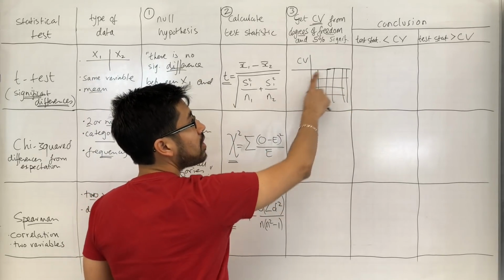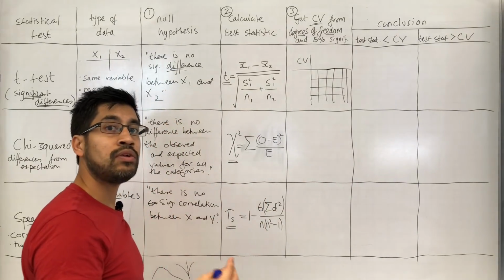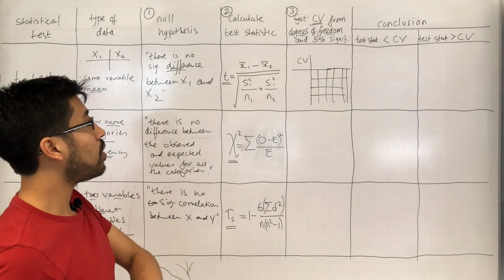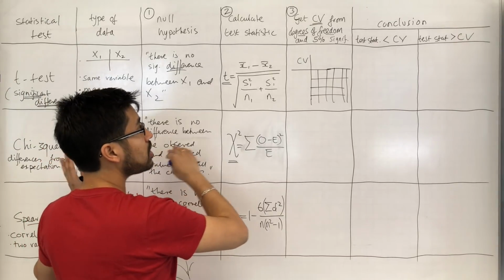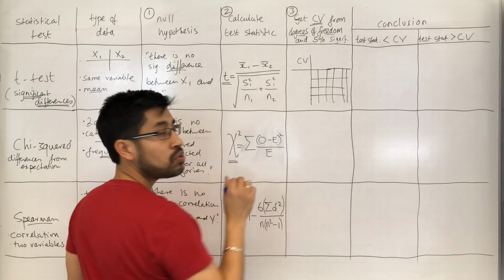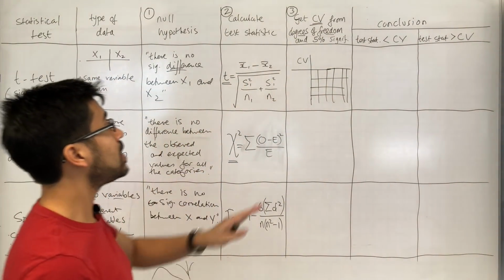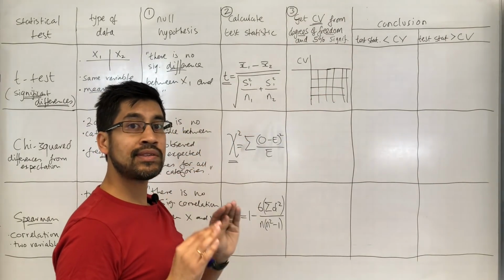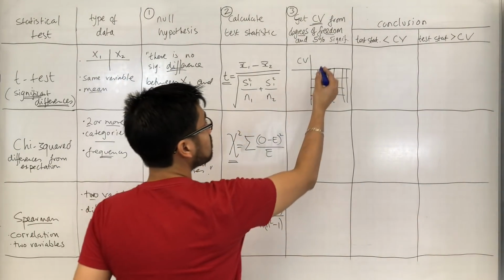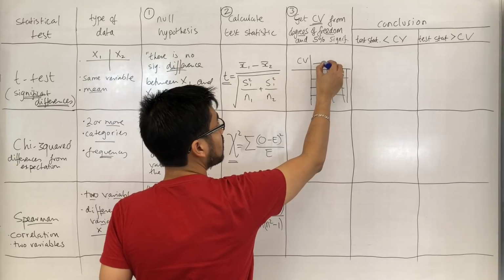But how do you decide which of these critical values is the right one for the data that you're using? There's two things that go into deciding, so we need two sets of coordinates essentially.